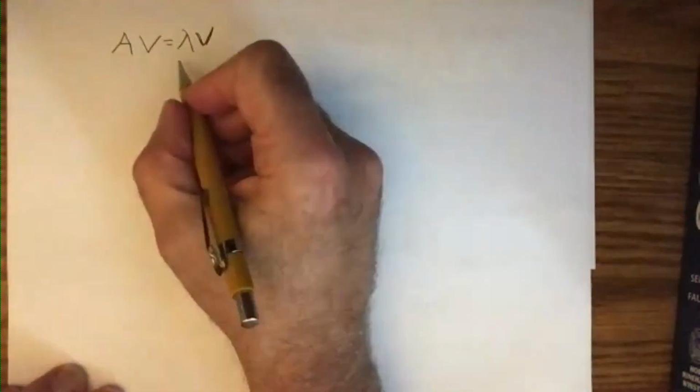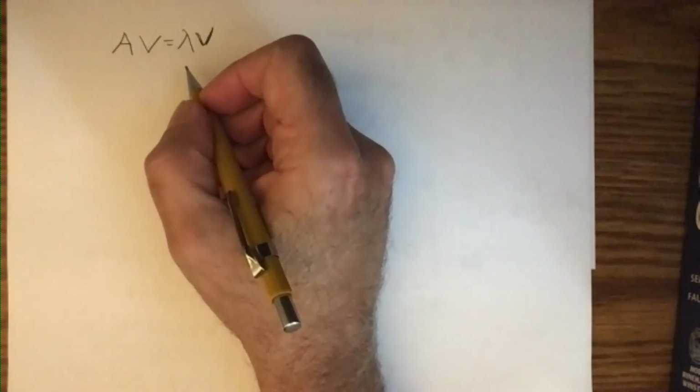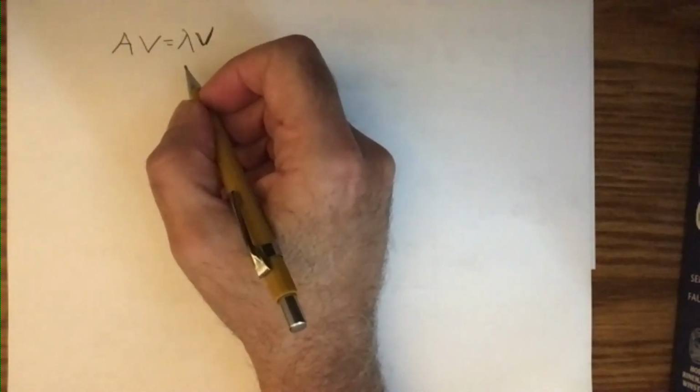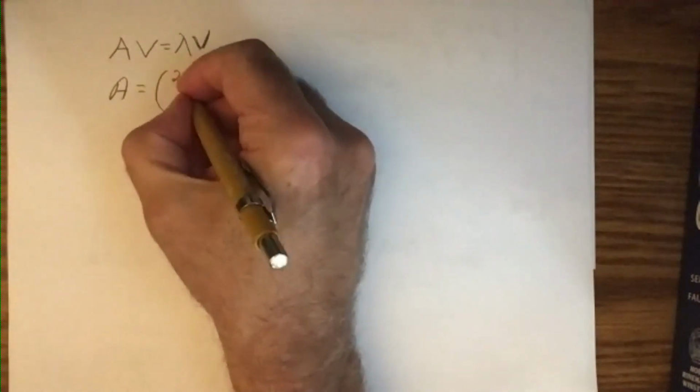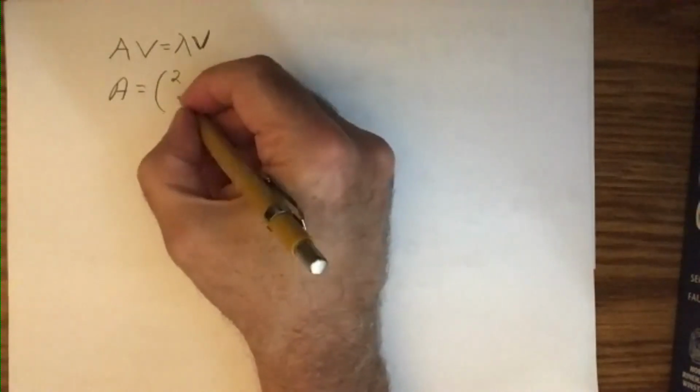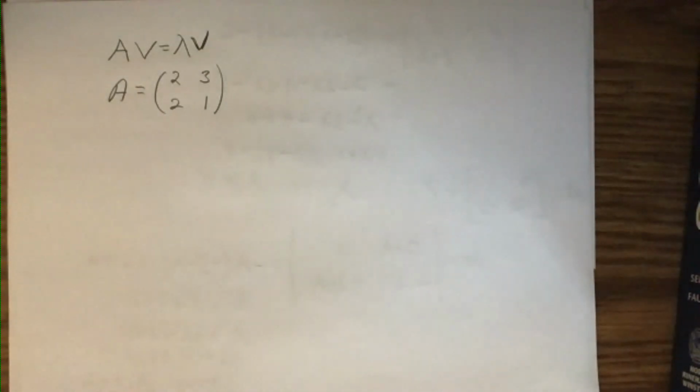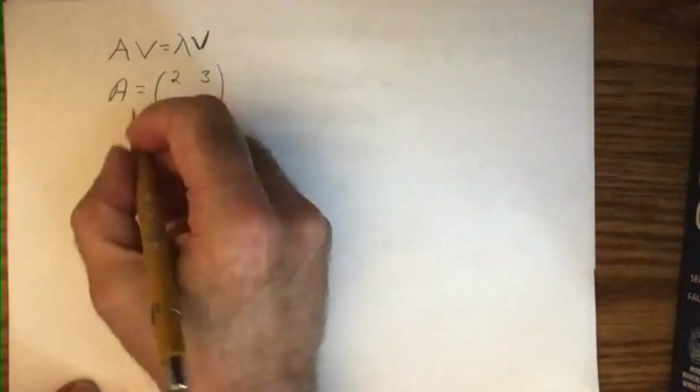All right. So now, let's see. Got to make sure I do the same problem. Okay. So here's our matrix, right? Our matrix is 2, 3, 2, 1. Okay, that's our matrix. Now I want to find the eigenvectors. So what has to happen now?